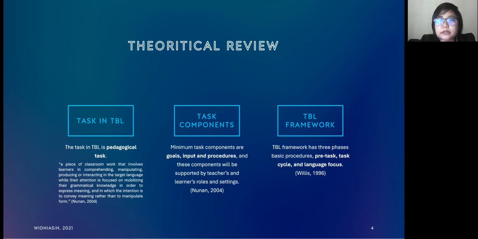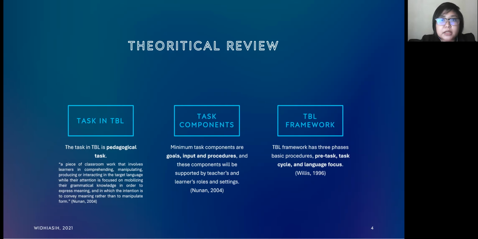Okay, and for the TBL framework here, based on Willis 1996, there are 3 phases in the basic procedures of TBL. The first is pre-task, then task cycle, and language focus.